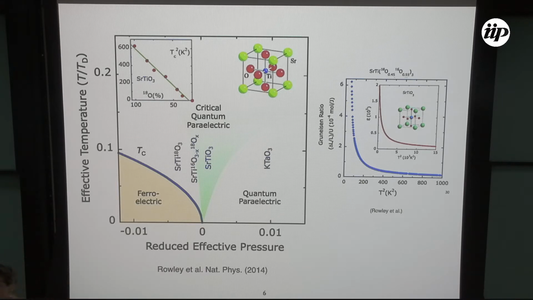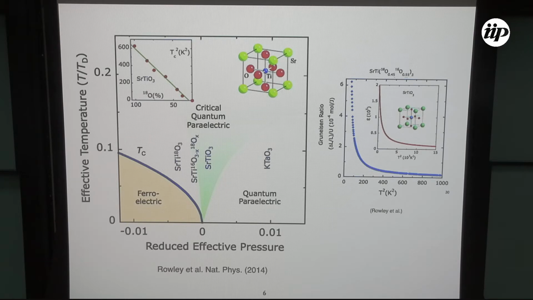However, it can be nudged, tweaked into being ferroelectric, for example, with a little bit of pressure, or even substituting oxygen 18 for oxygen 16. So in fact, if you substitute oxygen 18 for oxygen 16, it becomes fully ferroelectric. But what you can do is also just add a small amount, and you can drive it to a quantum critical point.